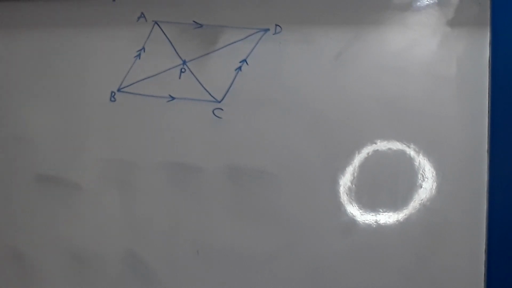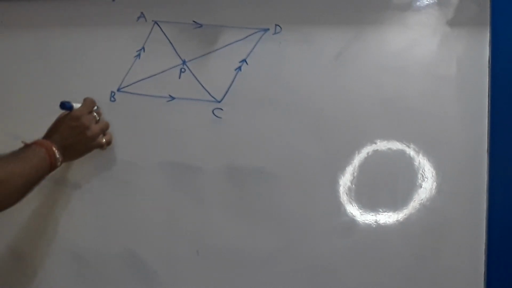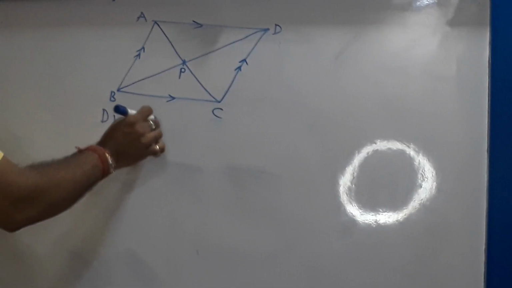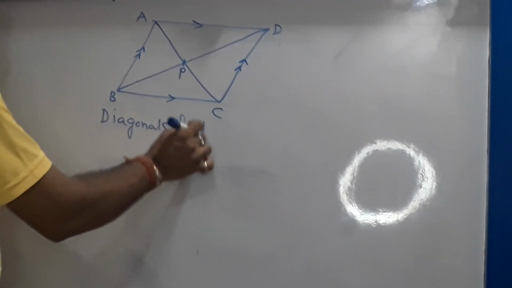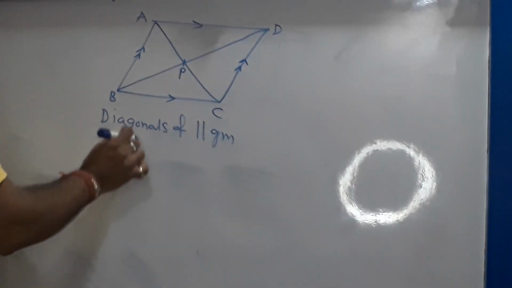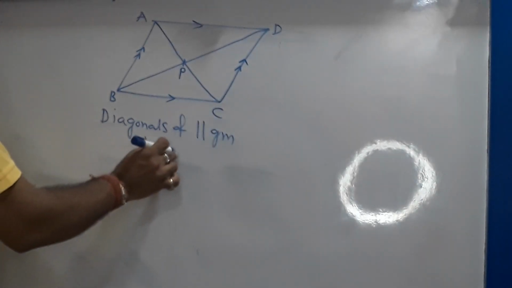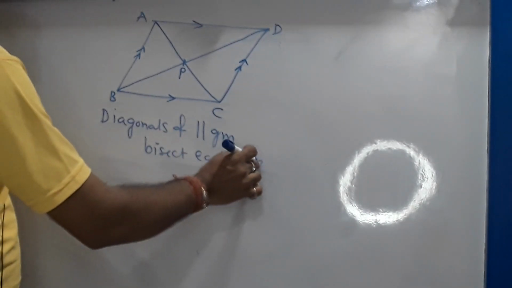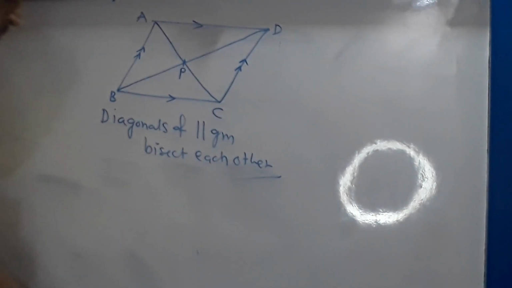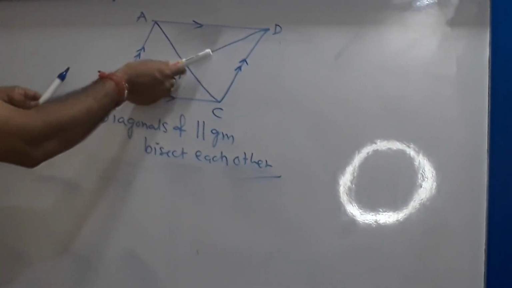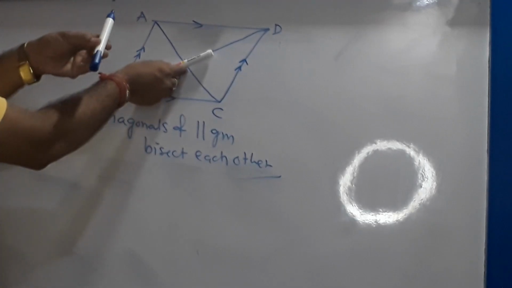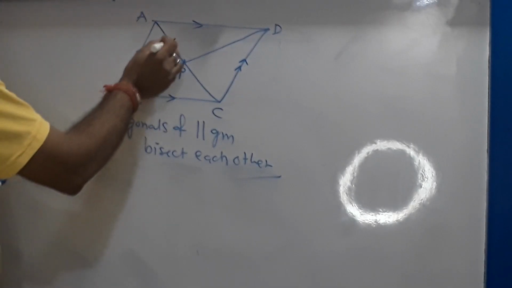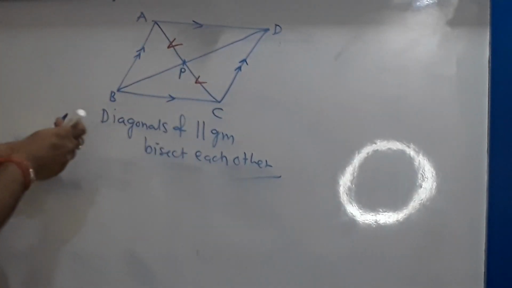Now there is a property: diagonals of a parallelogram bisect each other. That means this diagonal bisects this diagonal, so AP is equal to PC.